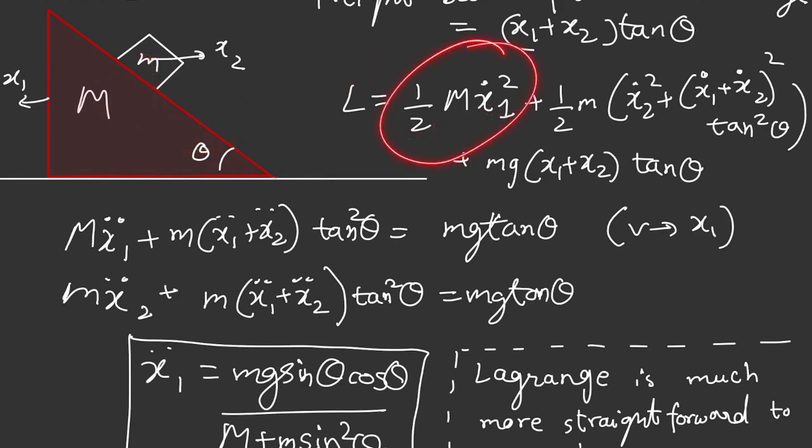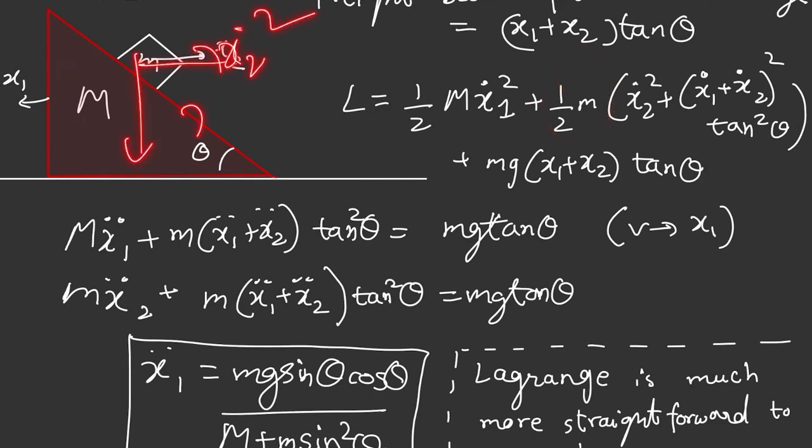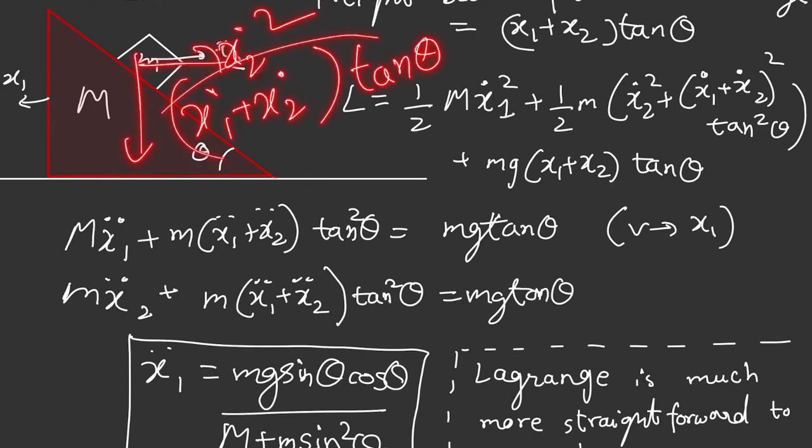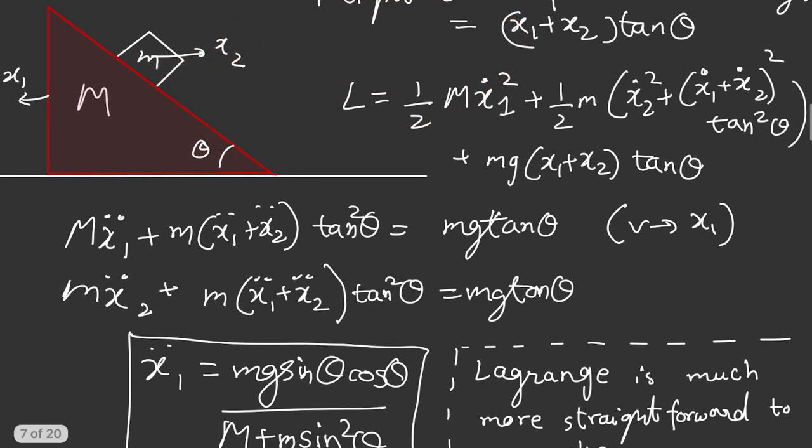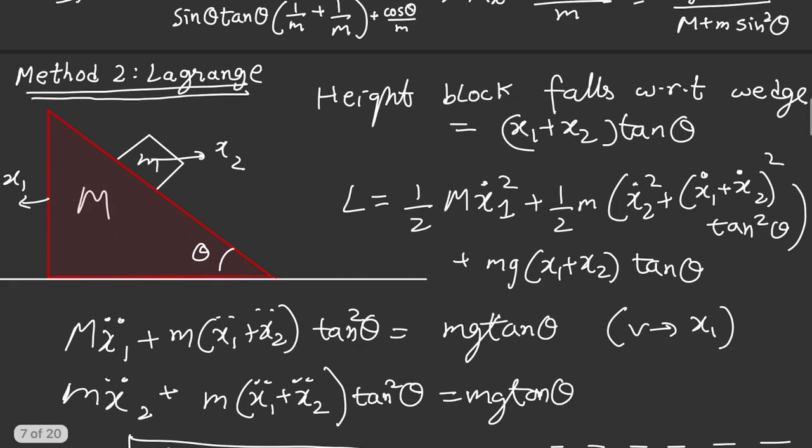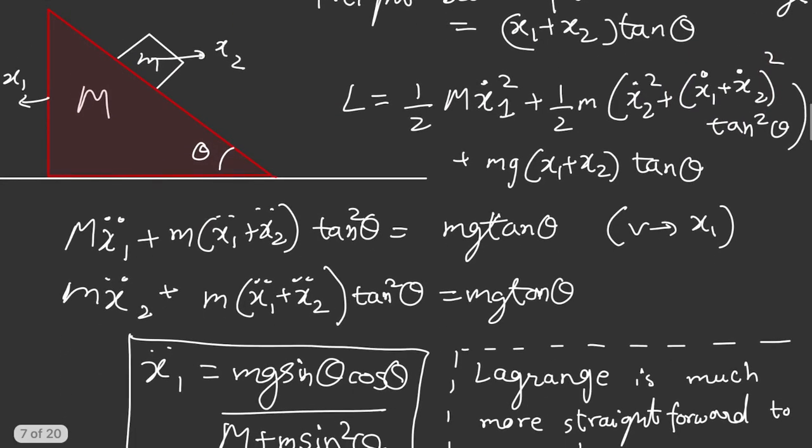The Lagrangian is nothing but half m x1 dot squared plus half M x2 dot squared, and x1 dot plus x2 dot tan theta would be the velocity in the y direction, which is what I have written here: x2 dot squared plus x1 dot plus x2 dot whole squared times tan squared theta. As theta is constant, we can do this.